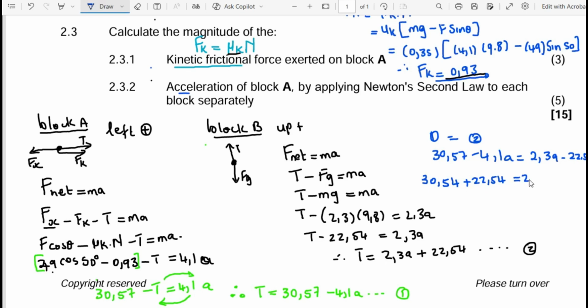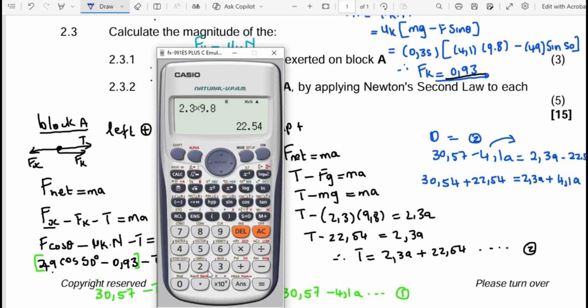Equate this to 2.38. This one will go to the other side to become positive, right? So this is 4.18. Let's first add the left-hand side: the 30, the 22.54.